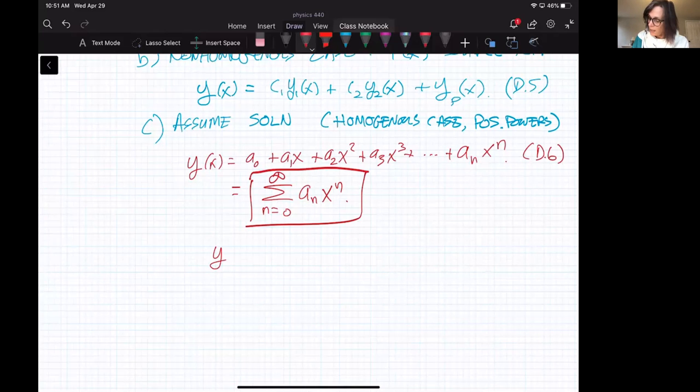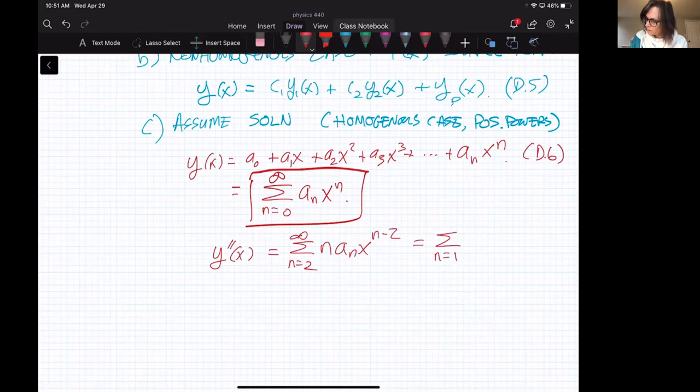So for example, y double prime of x is going to be equal to the sum from n equals 2 to infinity of n times a sub n x to the n minus 2, if we block out those two terms that disappear after two derivatives. And that is equal to the sum from n equals 1 to infinity of n a sub n x to the n minus 1 if we just change the indices.